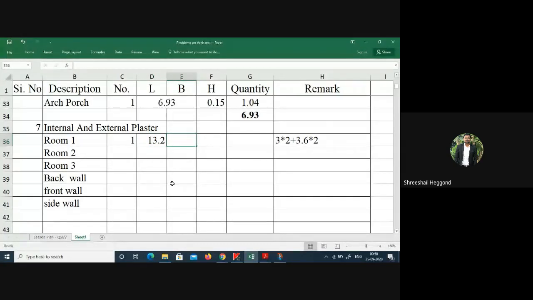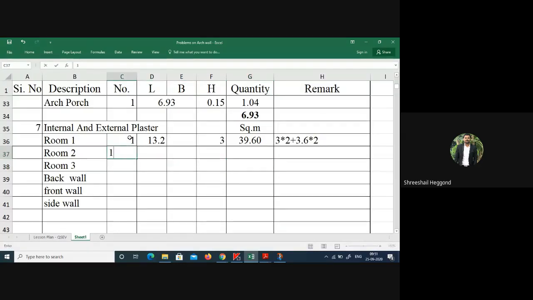Breadth we are not writing at all, and height is 3 meter. Therefore, quantity of plaster for room 1 will be 9.60 square meter. Thus all values are in terms of square meter.